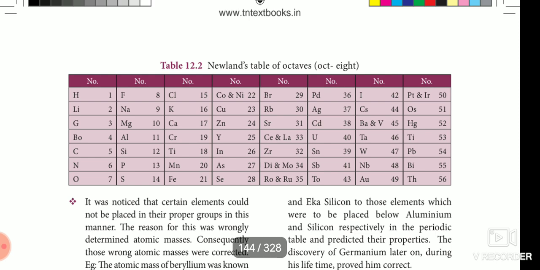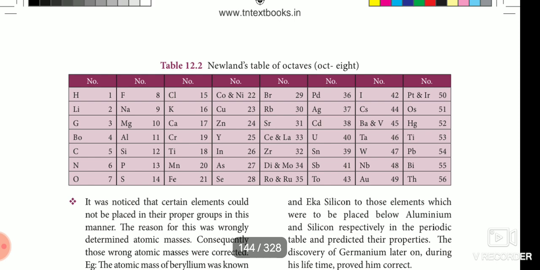The atomic mass is in increasing order. Every eighth element has similar properties to the first element. The first element is hydrogen and the eighth element is fluorine, so hydrogen and fluorine have similar properties.